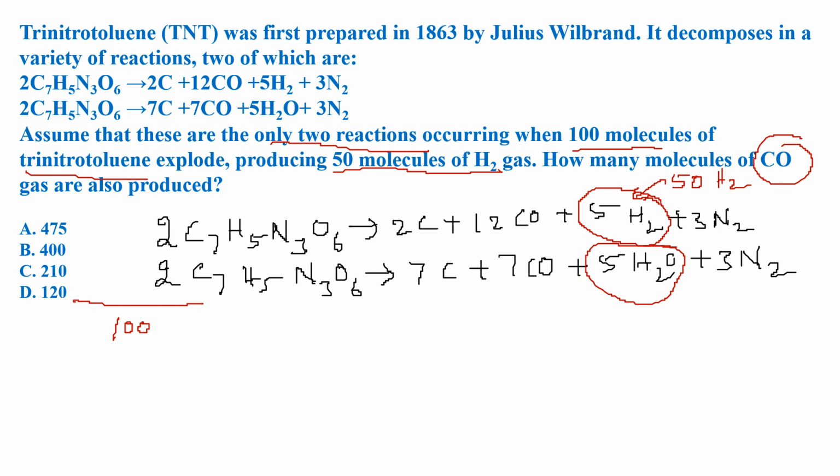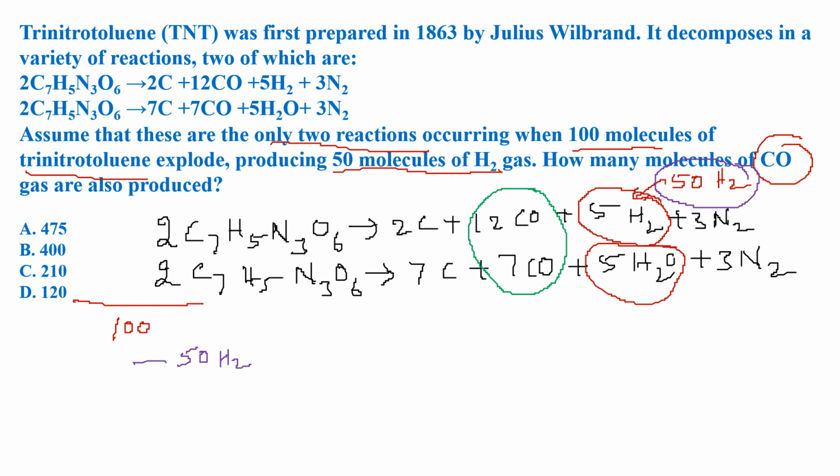He is asking about carbon monoxide, but both the reactions contain carbon monoxide. How do you have to do it? We have to proceed based on this information. The only given information is that 50 molecules of H2 is produced, that's all.